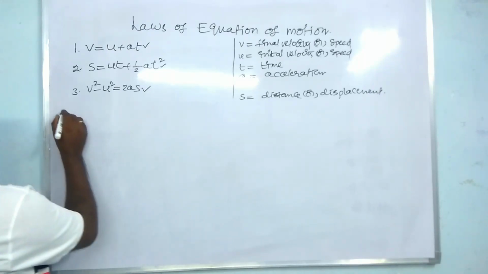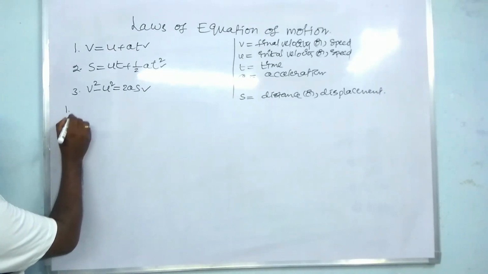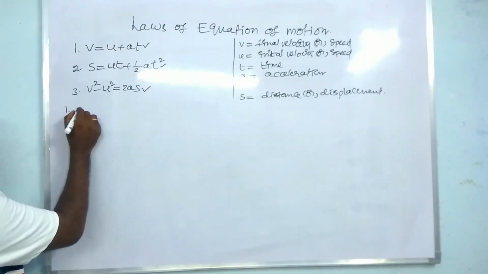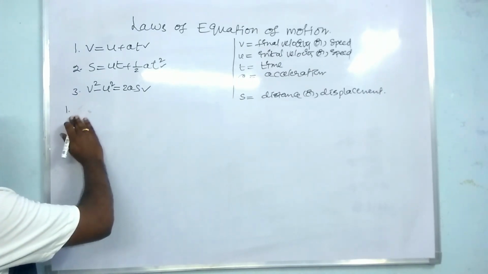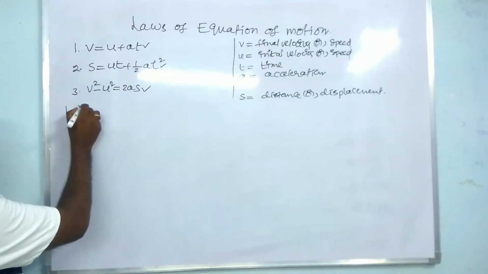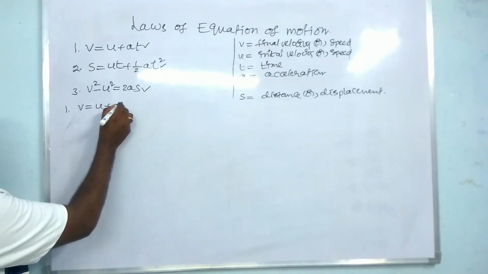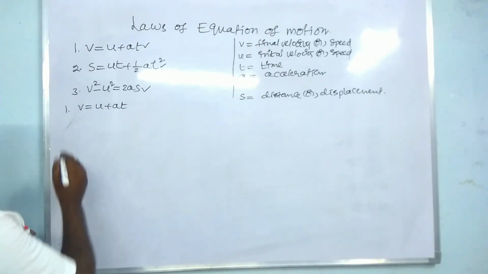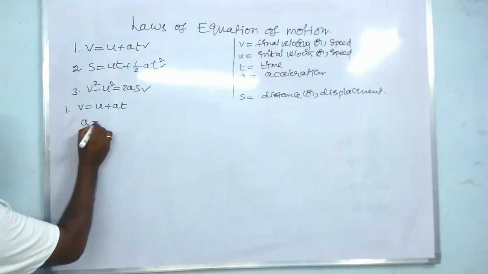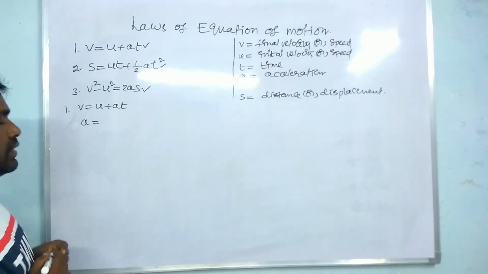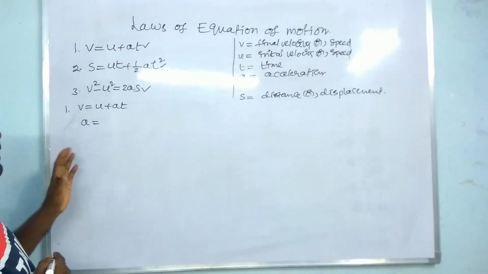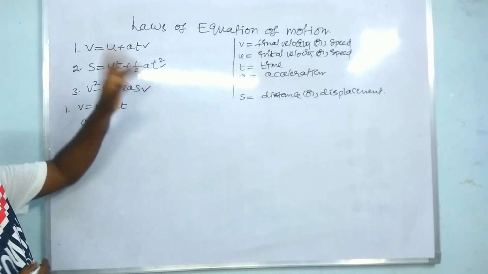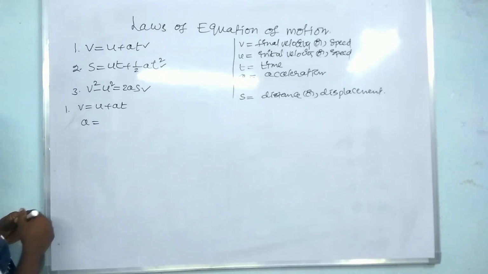Let us see. Now let us derive the first equation, that is V is equal to U plus AT. By the definition of the acceleration, already you know that in our video we explained the acceleration. I will be providing it in our i-Cards above the video. Let us check once.